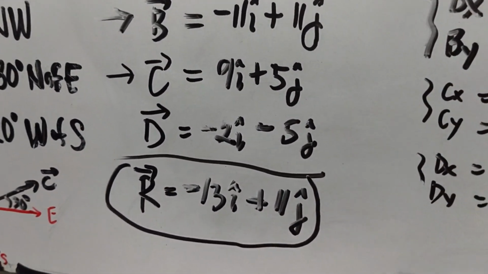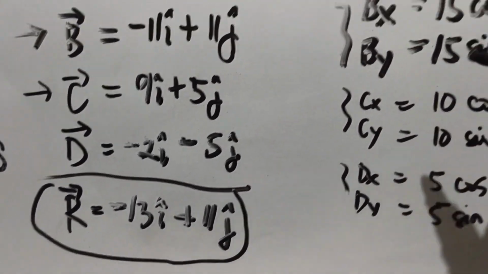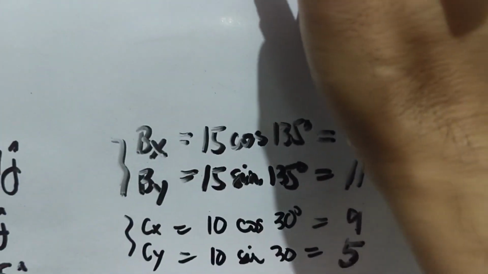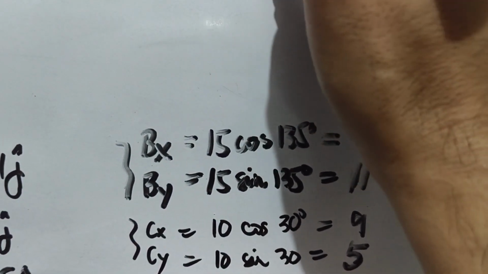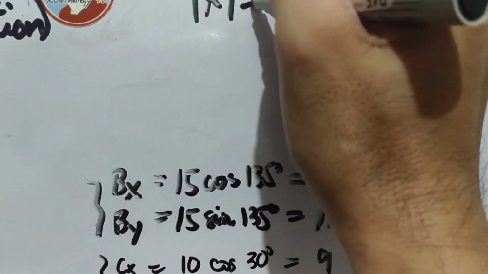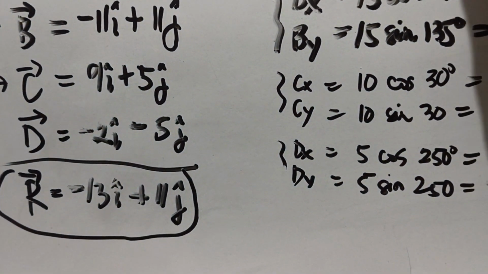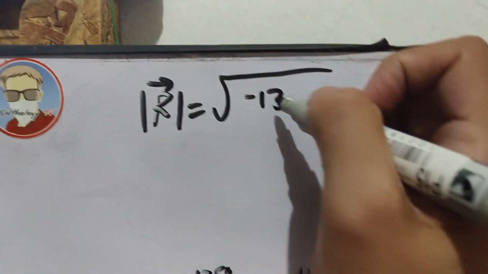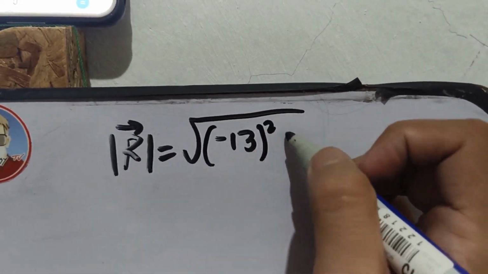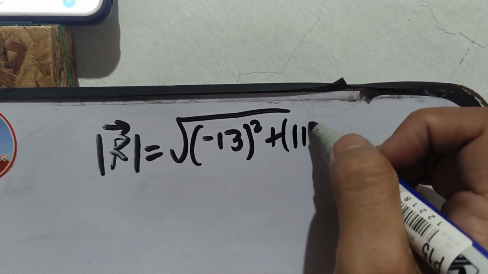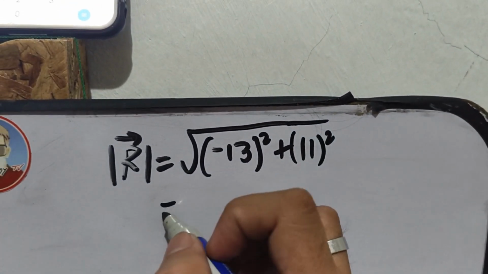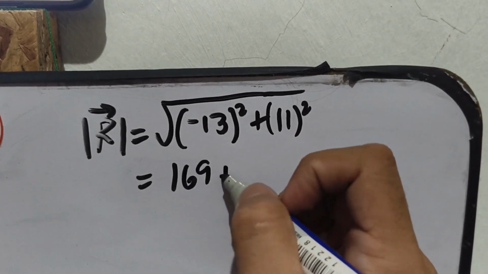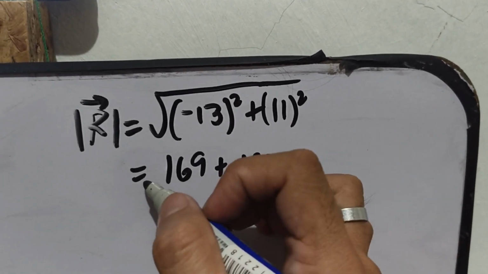And then kung kinakailangan mong kunin yung magnitude of the resultant, you just apply Pythagorean, kaya na ginawa natin dati. So we have negative 13 squared plus 11 squared. So that is the square root of 169 plus 121.